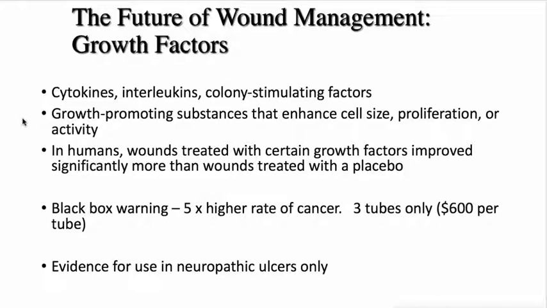Black box warning is a 5 times greater chance of cancer. 3 tubes are only $600 per tube, so expensive but not out of range. So if you think about it, if they're increasing growth, they could stimulate cancer. There's a lot of evidence for use of these in neuropathic ulcers only at this time. So more evidence needs to be done. Thank you.